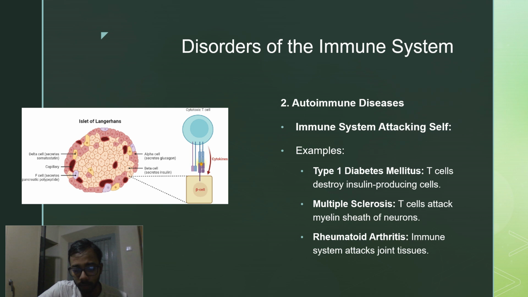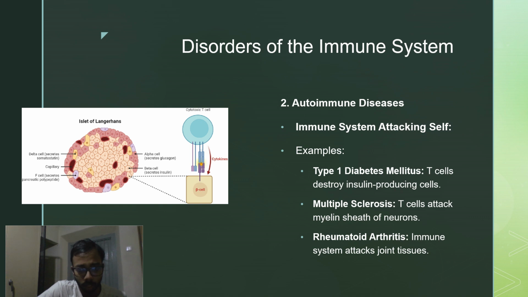There is another disease related to the neurological system called multiple sclerosis, in which the T cells attack the myelin sheaths of neurons. The axons of some neurons are covered by myelin sheaths made by Schwann cells or other neuroglial cells. In multiple sclerosis, T cells attack the myelin sheath of these neurons.